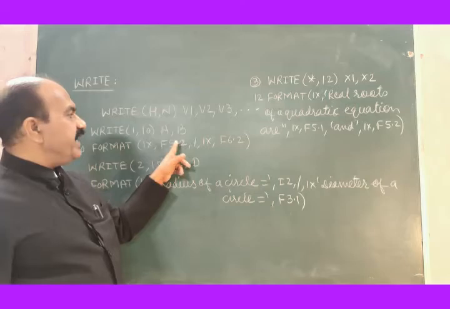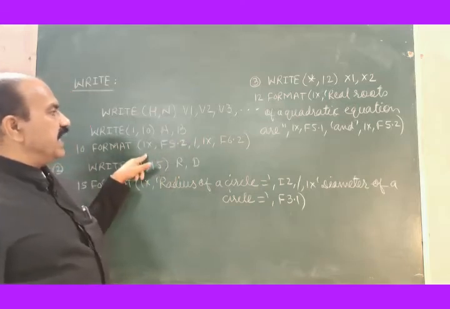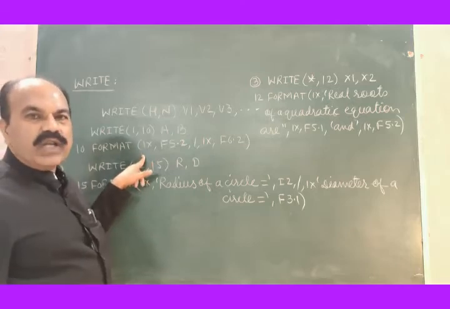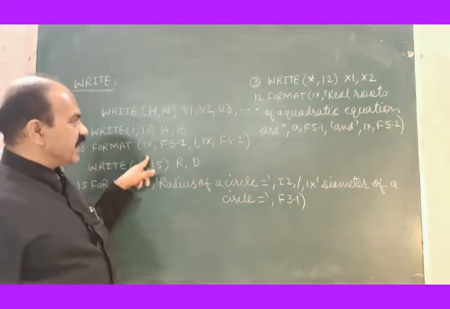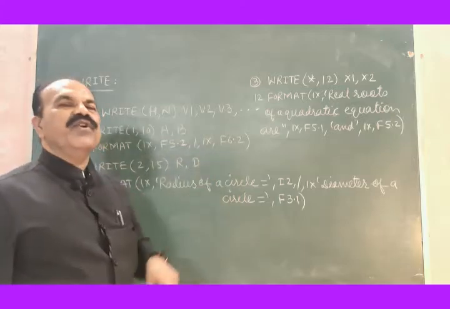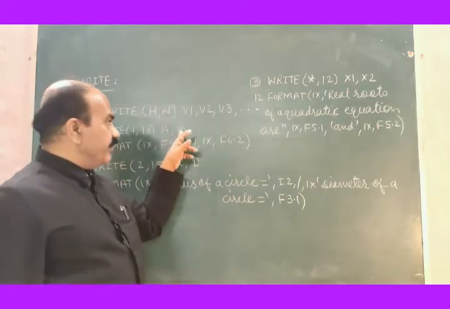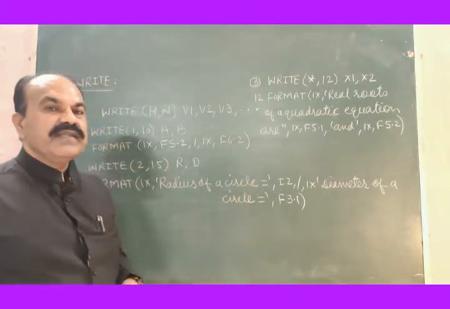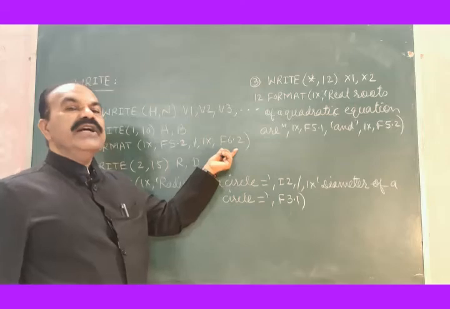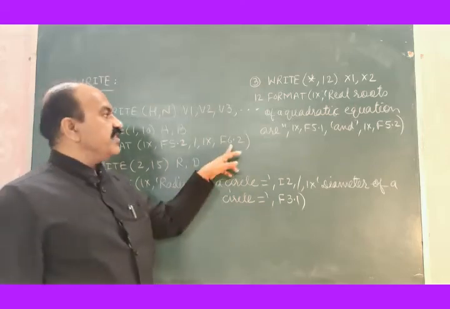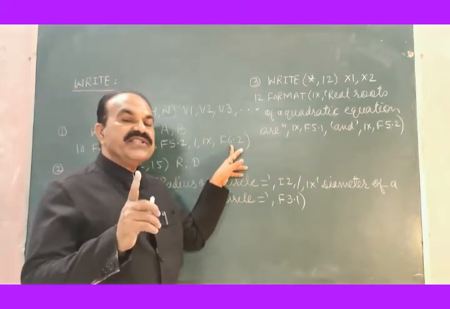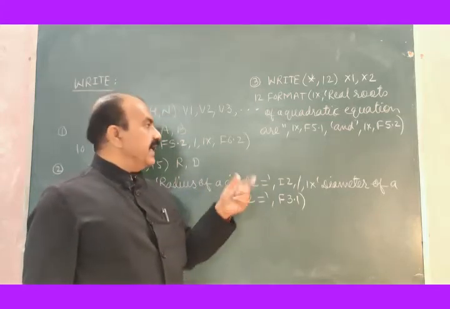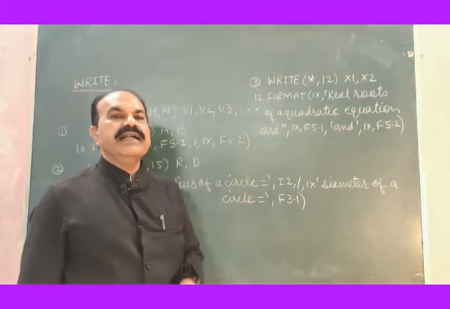Slash, printing is skipped to second line. 1x, first column of second line is skipped and B is printed with this format. B is assumed here the real variable. So, it will be printed in the real fractional form with at the most 6 digits in the whole number and 2 digits in the decimal part.